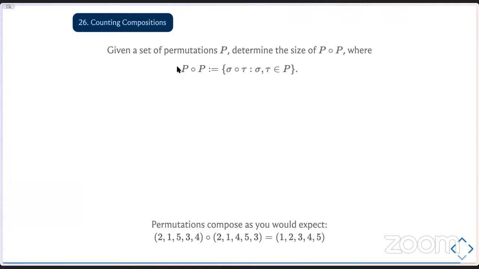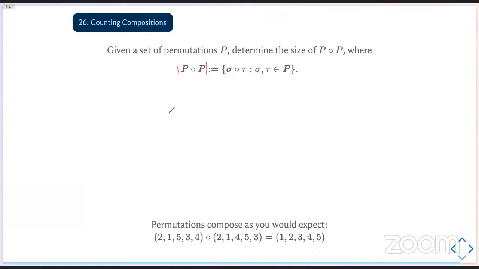So let's just think about, how large can this set be and how small can it be? Suppose P has, for convenience, let's fix a number, some 5 permutations of 1 to n. We don't have to fix n. Well, certainly P composed with itself has at least 5 permutations.